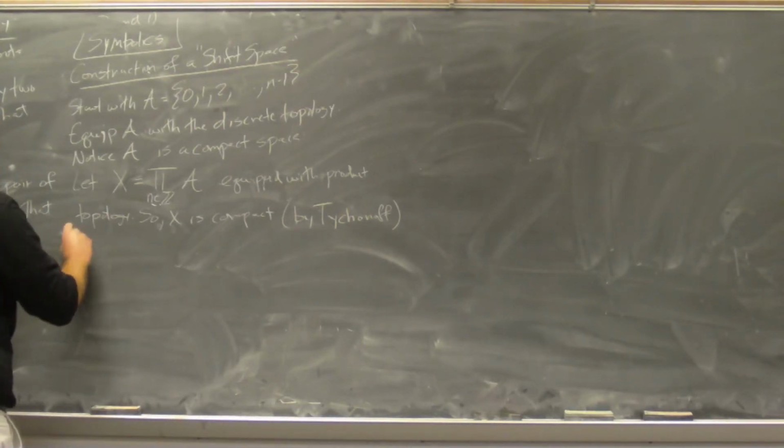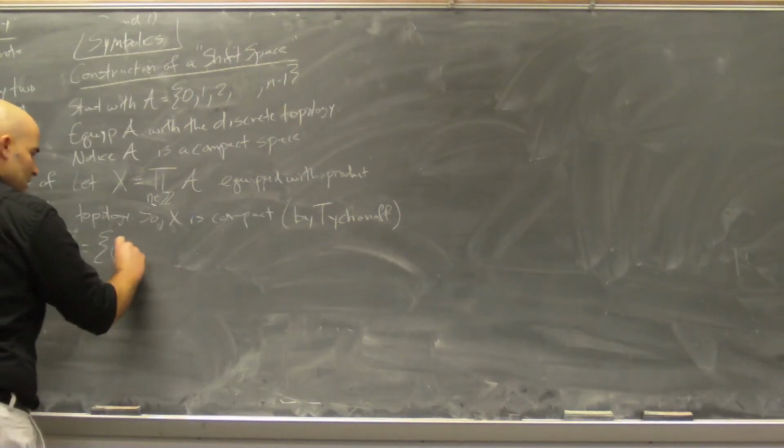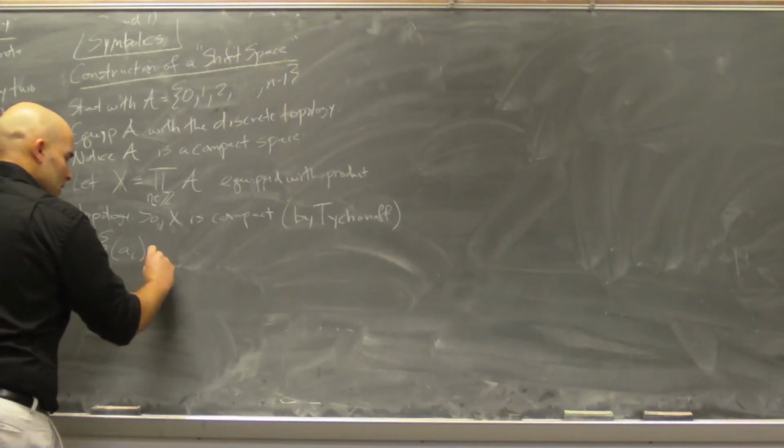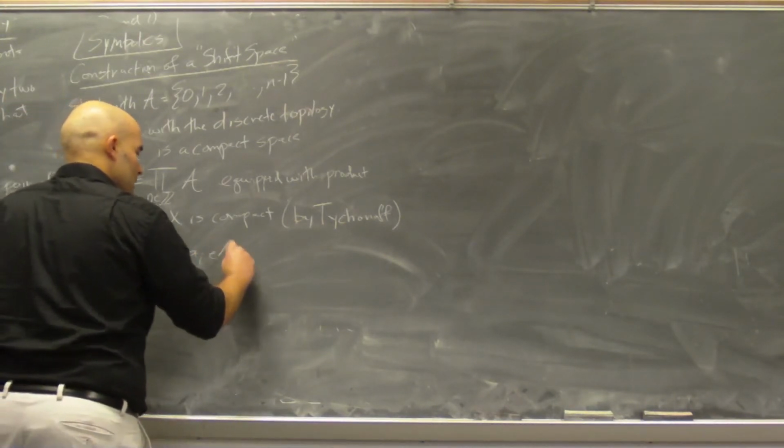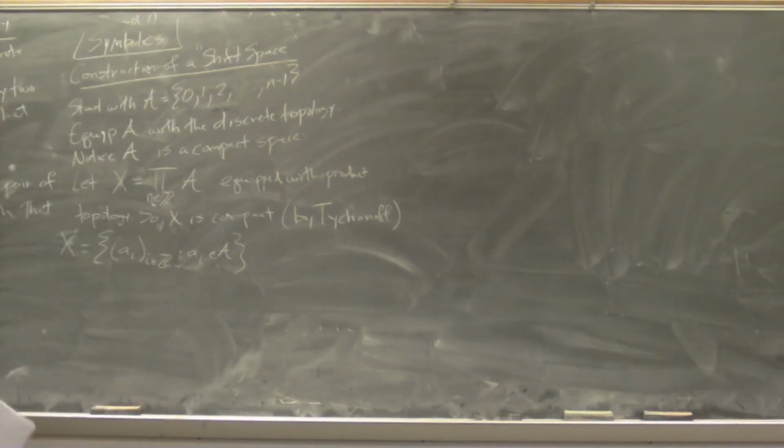You can really think of X as the space of all sequences a_i, where i ranges over Z, such that each a_i comes from your set A. So it's just this infinite sequence in both directions, and each thing in the sequence is coming from A. So we have our compact space. This is really what the elements look like, so they're really sequences.